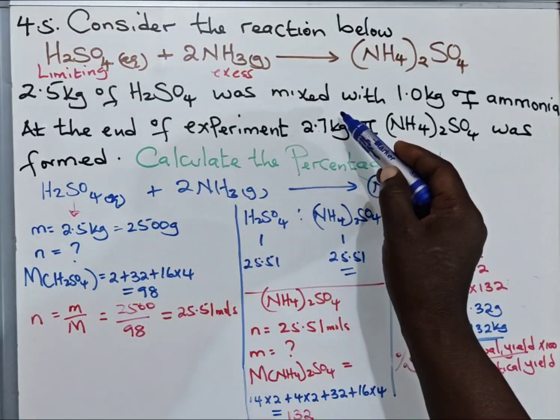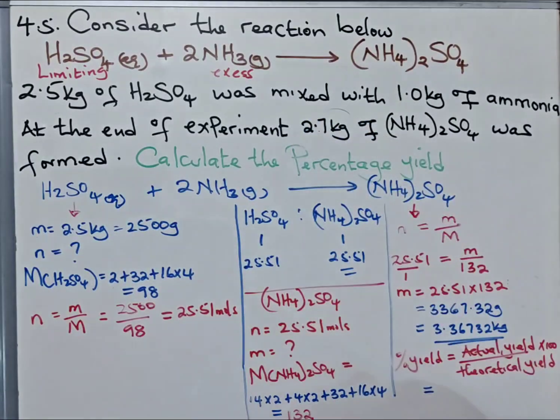The actual yield was given, it is 2.7, and the theoretical yield is 3.36732, times 100. So what we get out of this is the percentage yield. Yeah, so that is it. Our percentage yield is 80%.